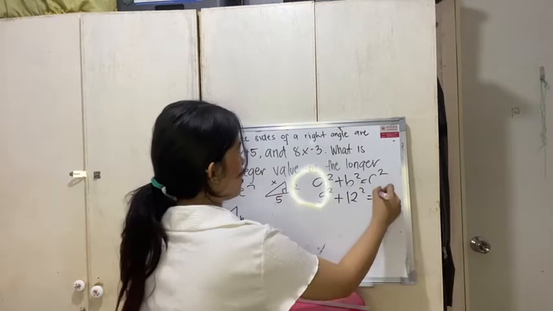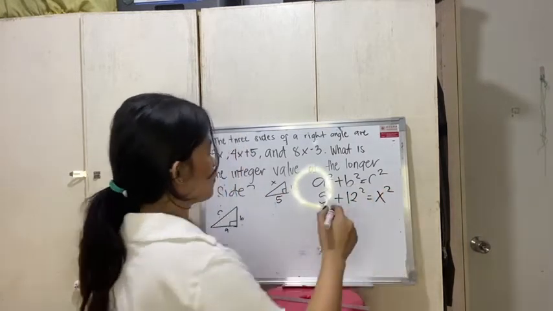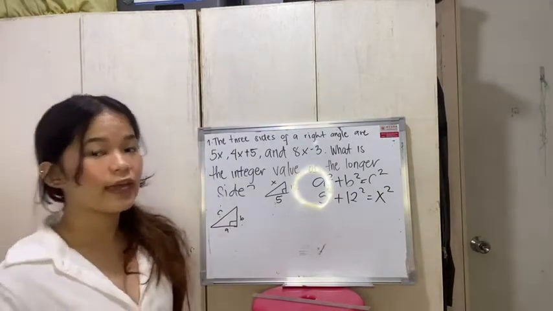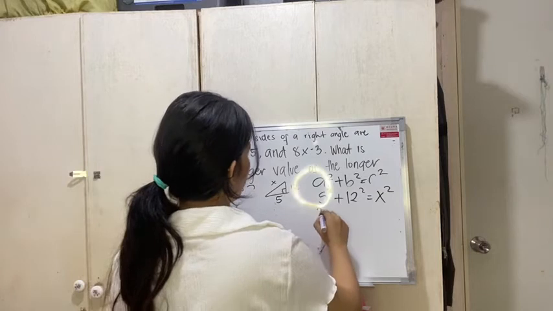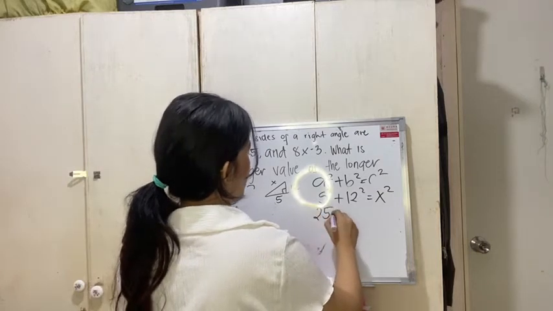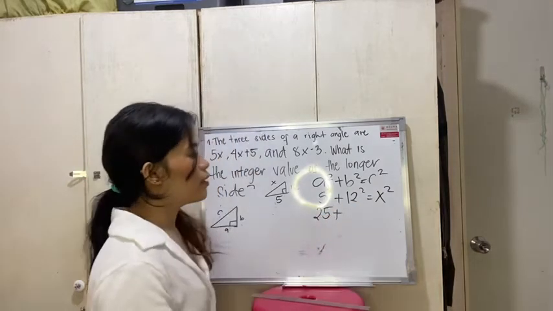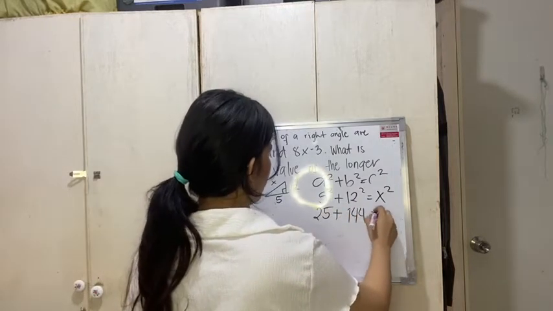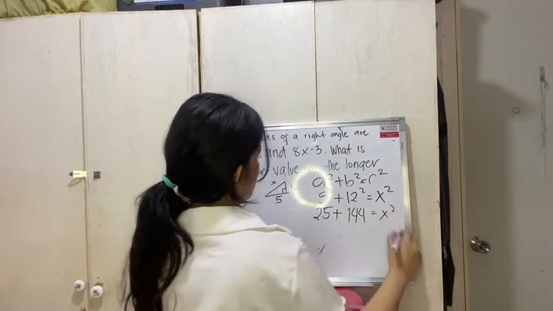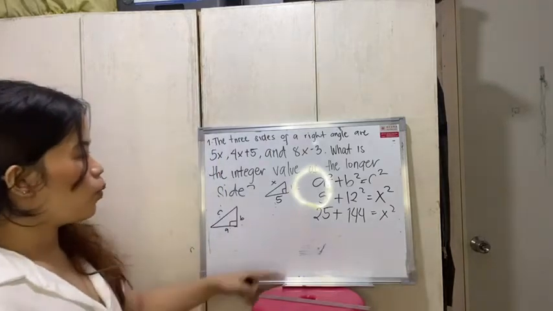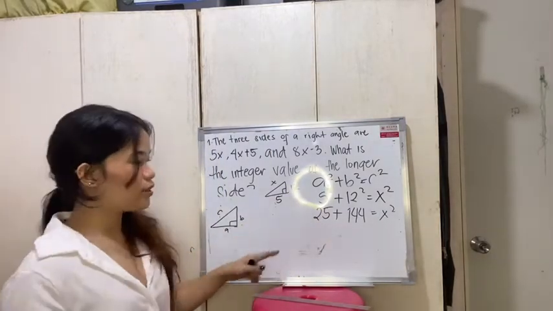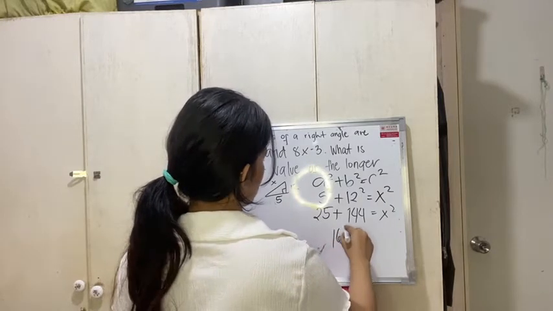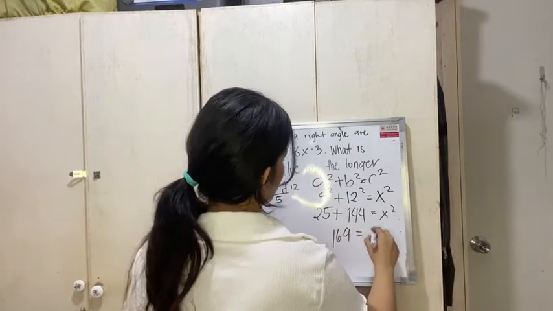equals x squared. We all know 5 squared, 5 times 5, is equal to 25, plus 12 squared, 12 times 12, is equal to 144, equals x squared. If we add 144 plus 25, it's going to give us 169 equals x squared.